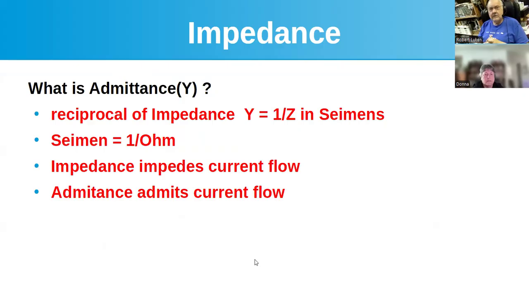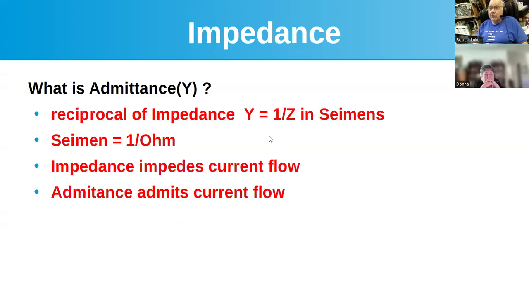There's only one question on this, as I recall. The reciprocal of impedance we call admittance. And instead of using Z, we use Y. We're going to wind up using most of the letters of the alphabet before we're done.